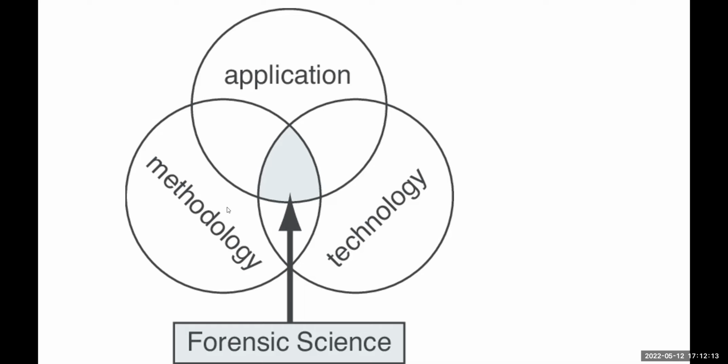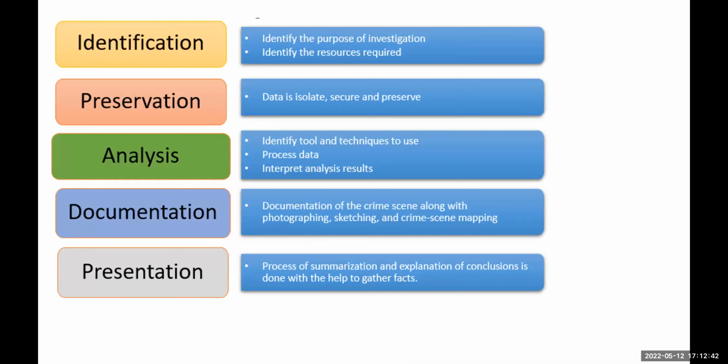So there has to be a method in place, and this method can be automated to develop into a technology, and this technology can be applied to solve a case. And all those techniques that we have discussed until now can be used for forensics, PCR, DNA sequencing, and so on. So a little bit here and there, terminologies change, which I will discuss a little bit here.